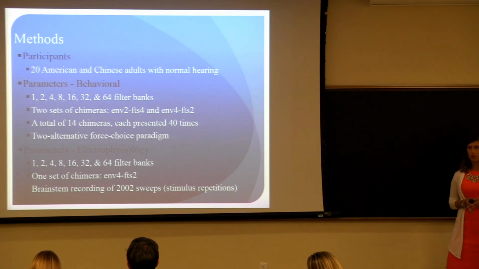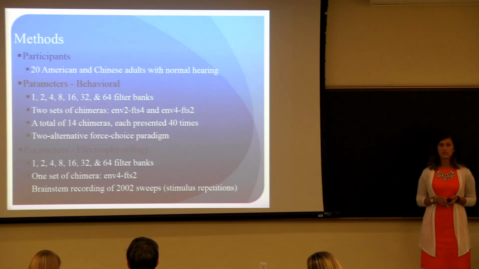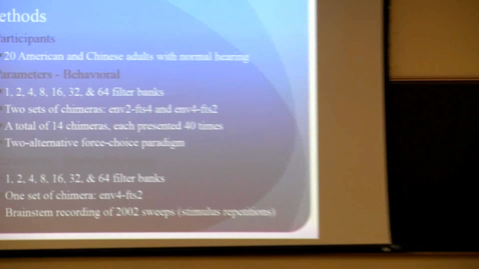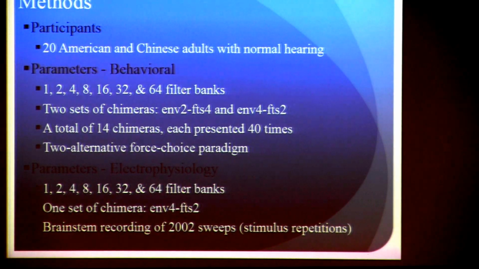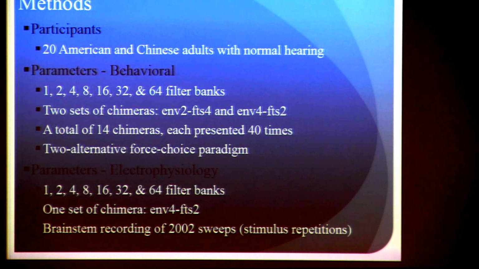For the behavioral portion, two different sets of chimeric stimuli were used: envelope 4, fine structure 2, and envelope 2, fine structure 4. Each of those chimeras was run through 7 different filter banks: 1, 2, 4, 8, 16, 32, and 64, totaling 14 chimeras. Those 14 chimeras were presented 40 times each to each participant, totaling 560 chimeric stimuli.